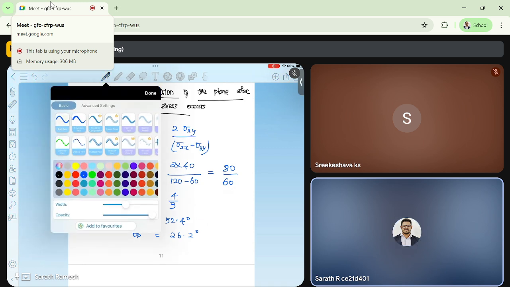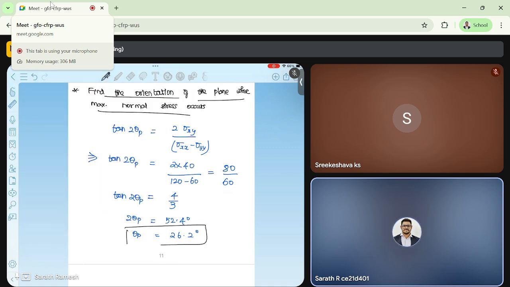If the numerator or the denominator is negative, we have to check the quadrant accordingly: first quadrant, second quadrant, third quadrant, fourth quadrant. So theta goes 0 to 90, 180, 270, then 360. So the domain of theta is 0 to 360. But when we do it on our calculators, it will give us 0 to 90.